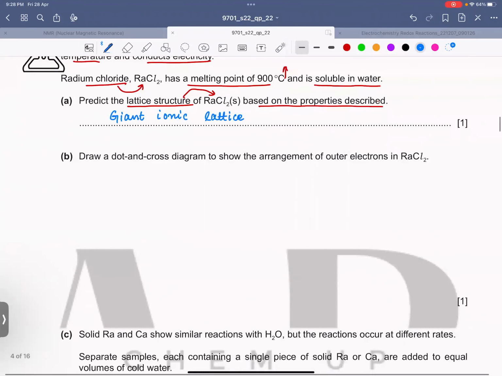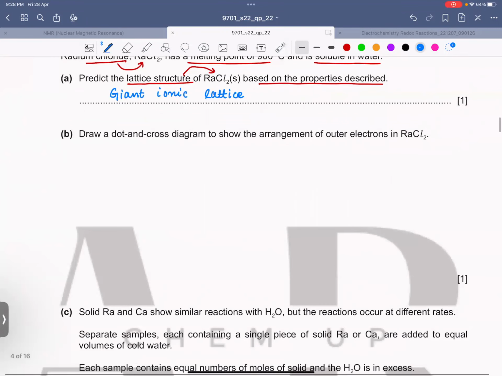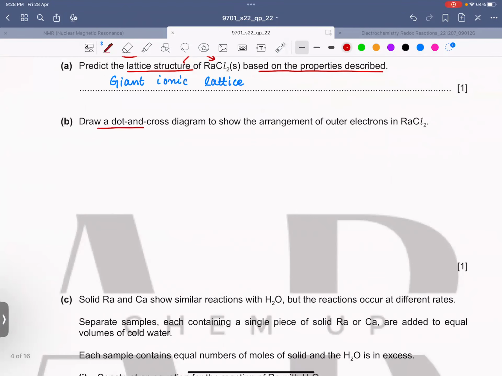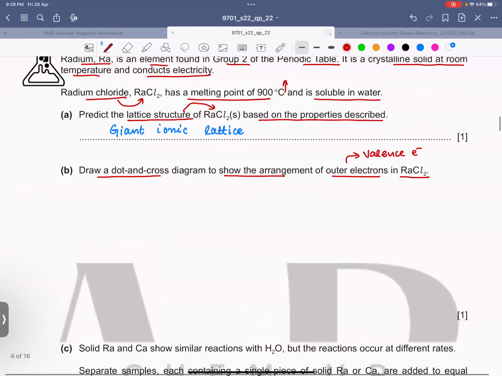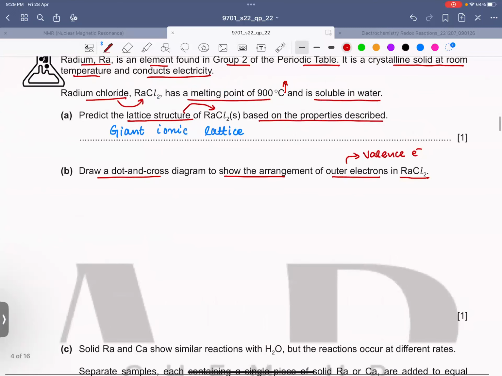Next, draw a dot and cross diagram to show the arrangement of outer electrons in radium chloride. So it means we need to show only valence shell electrons. Okay, so radium, if it's in group 2, here it would become a radium 2+ ion.